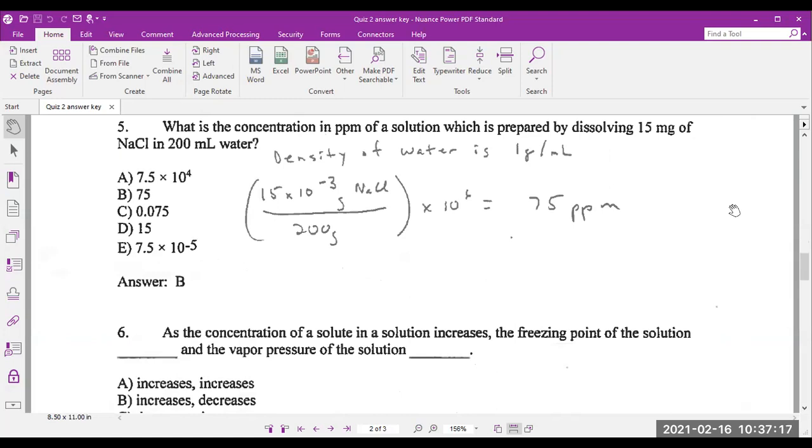Number 5, what's the concentration in ppm, parts per million, of a solution which is prepared by dissolving 15 milligrams of sodium chloride in 200 mils of water?